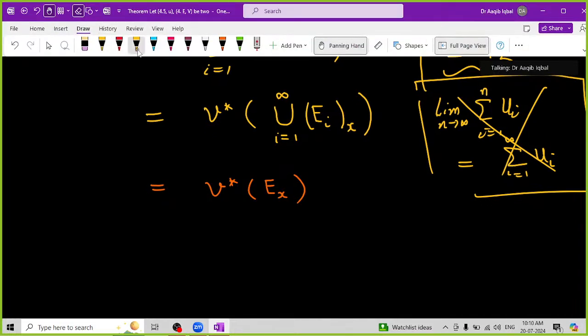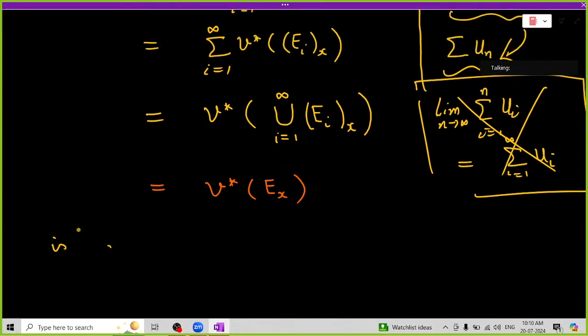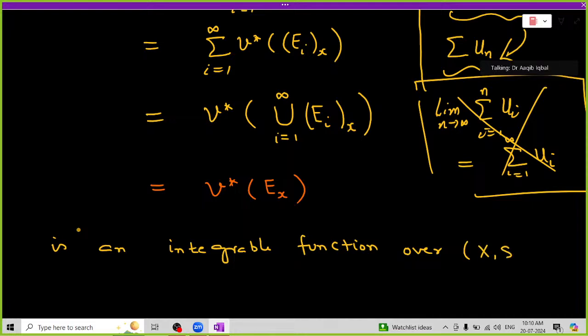Is an integrable function over measure space X, μ. ठीक. Now that it's integrable, so I can speak about the integral further.